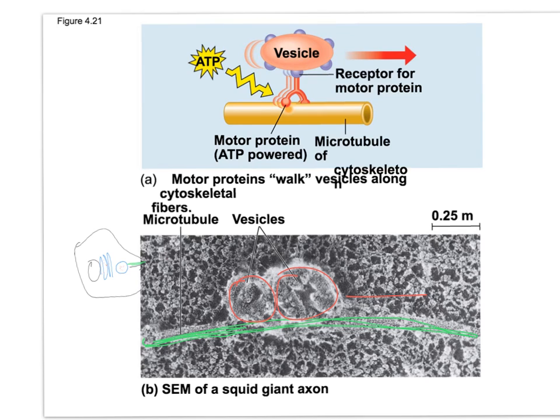Okay? So motor proteins that actually walk along, hydrolyzing ATP and pull them along. So motility not only for the whole cell, but within the cell as well. So moving parts along.